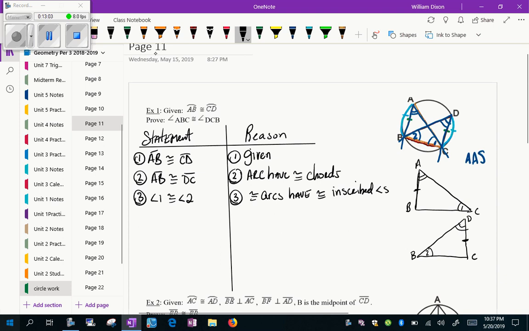Okay, number 4, I went at angle A is congruent to angle D. Why? Because inscribed angles that intercept the same arc are congruent.